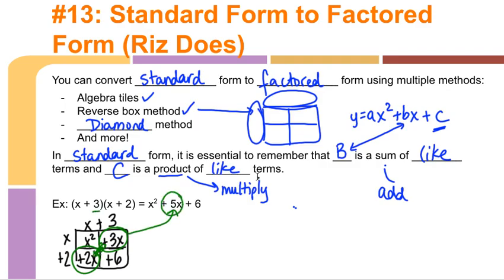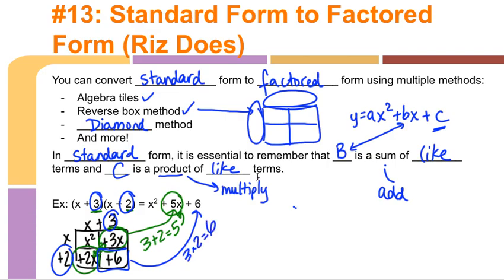So that's what I'm saying is that this 3 and this 2, if you add them, you get 5. But if you multiply 3 and 2, you get 6, and that's the last one. So what I'm saying here is that B is going to be the addition of this term and this term, and that C is going to be multiplying 3 and 2. Okay, let's look at what that looks like practically.